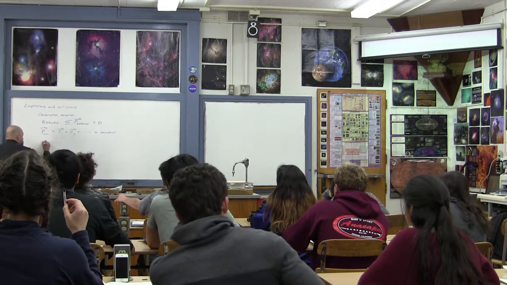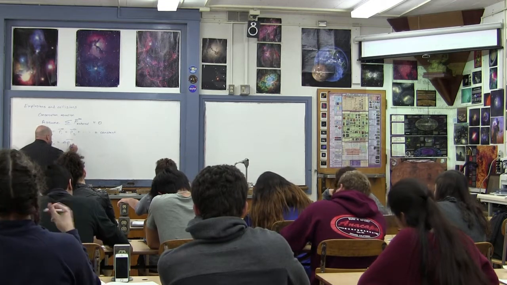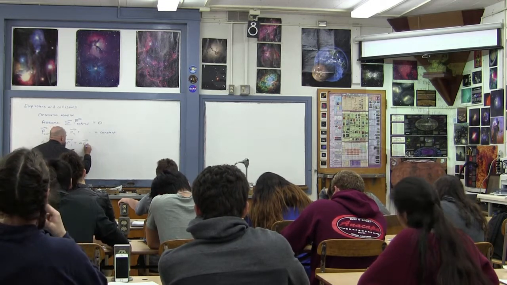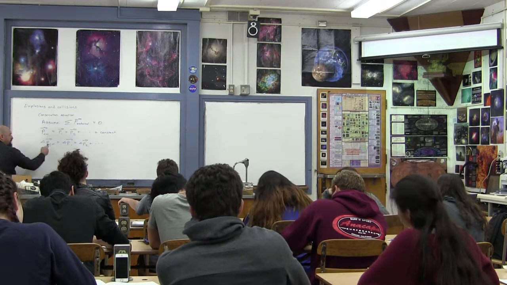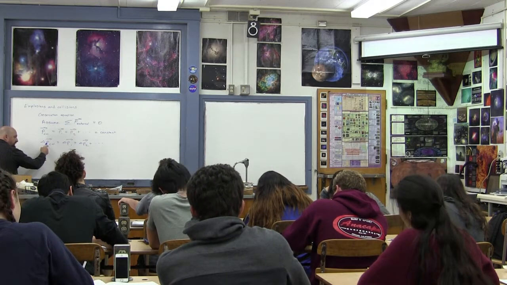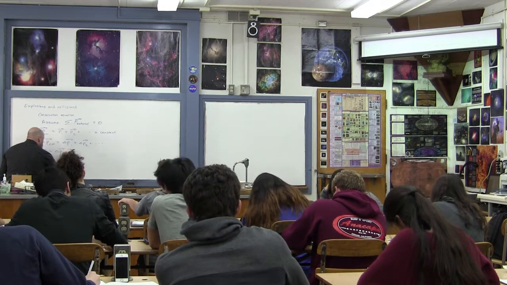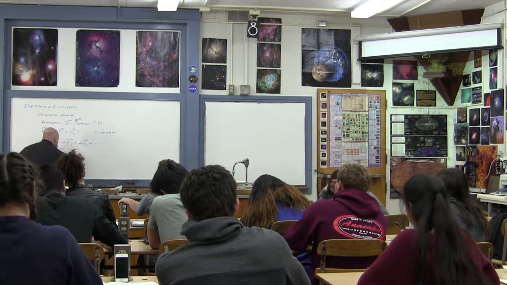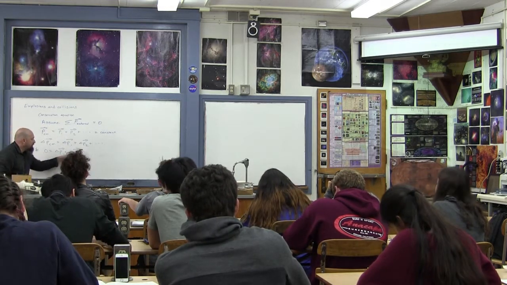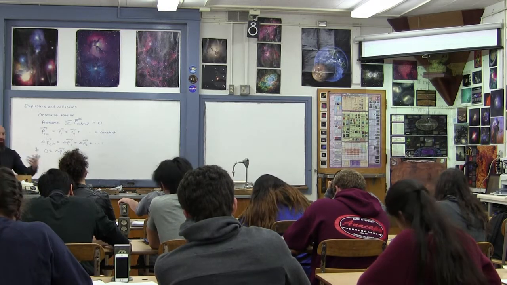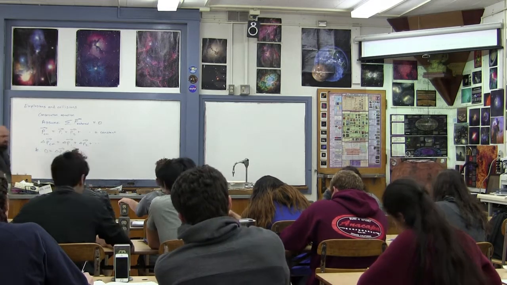So from before to after the situation, whether it be an explosion or a collision, the change in the momentum of the center of mass, which is equal to the change in the momentum of the individual particles themselves, is equal to zero. So what we end up with is a conservation equation. That is, we look to see what happens with the change in the momentum of each of the individual particles from before to after the explosion or the collision, add it all together, and then set it equal to zero.